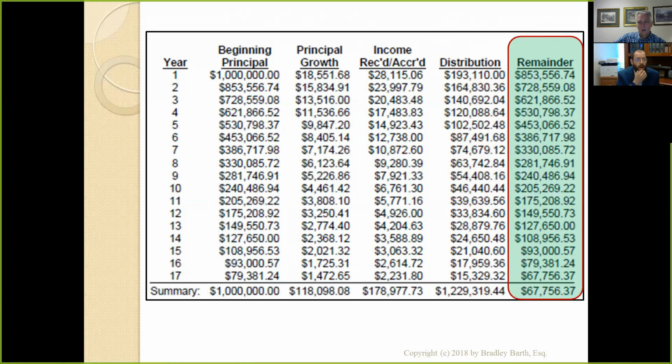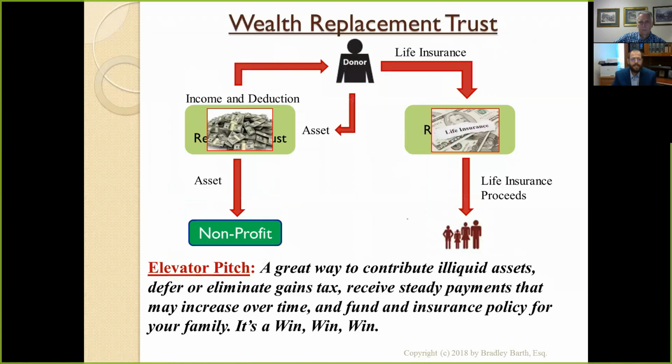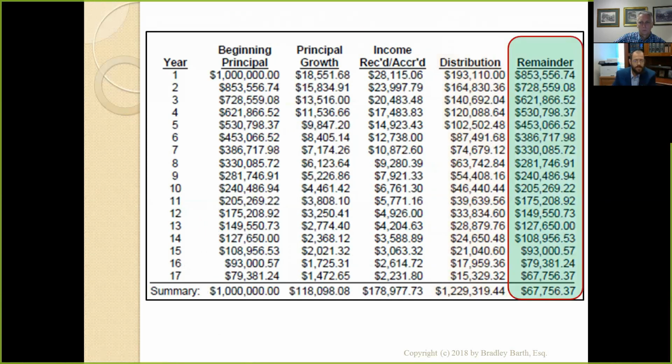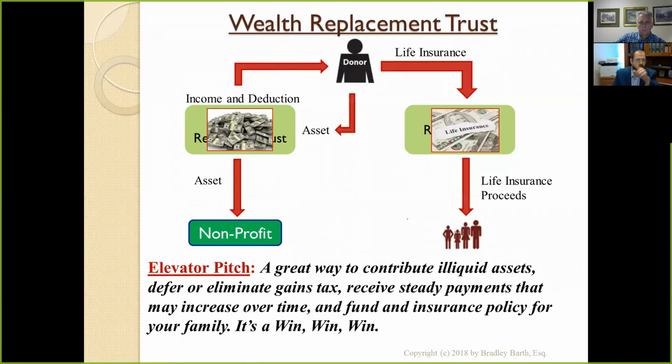Amazing. No, it's fantastic. So getting back to my example over here. Remember, our donor put that $1 million property inside, sold it, turned it into cash, and created our engine, which creates these distributions. During her lifetime, she dies.